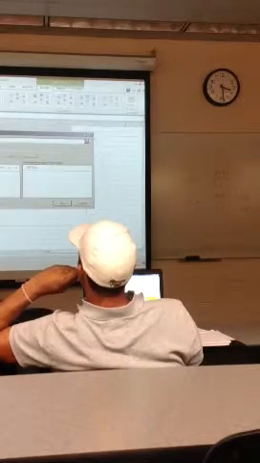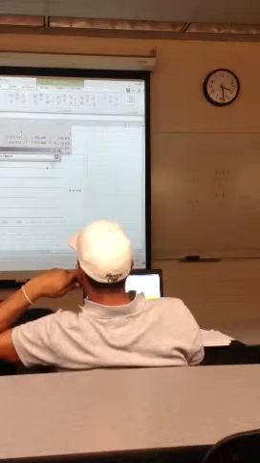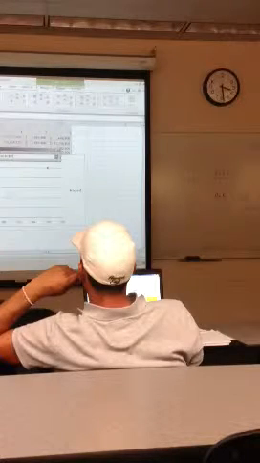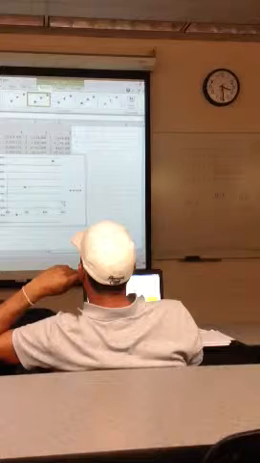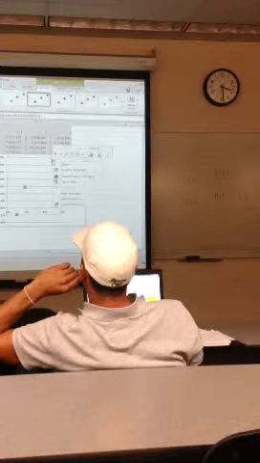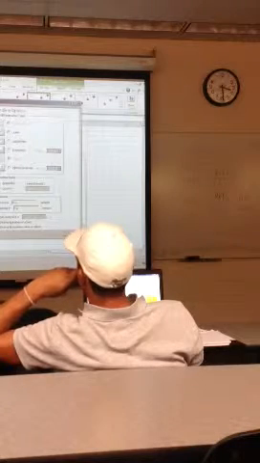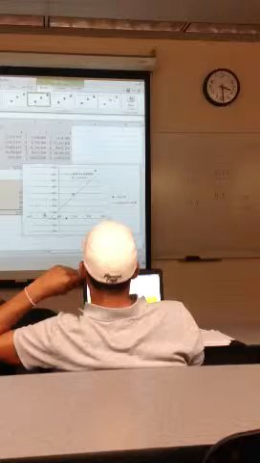So select our data over here. In this case, our x values here, y. Actually, I might have gotten this backwards. So there are our observations. Add a trend line. And there you go.